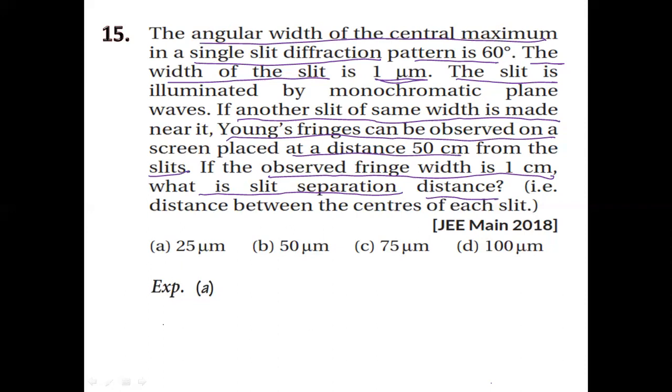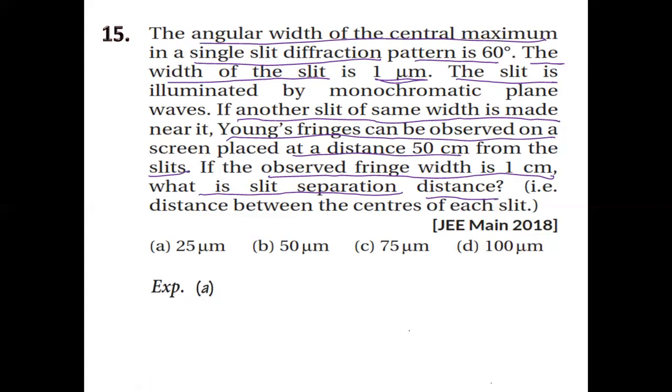Okay, fine. So, firstly, first we are having the diffraction pattern, and then we are having the interference pattern. In the diffraction pattern, theta equals 60 degrees and A equals 1 micrometer.